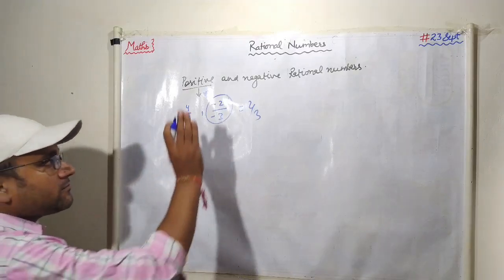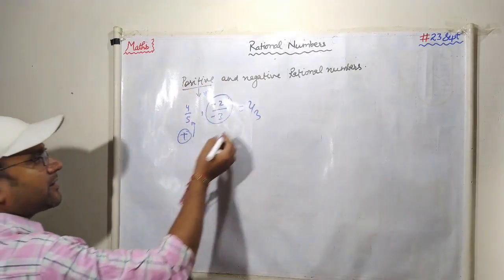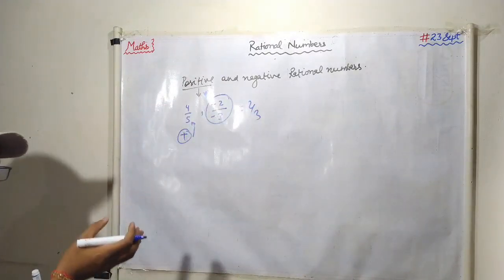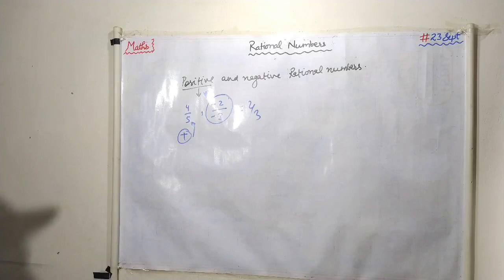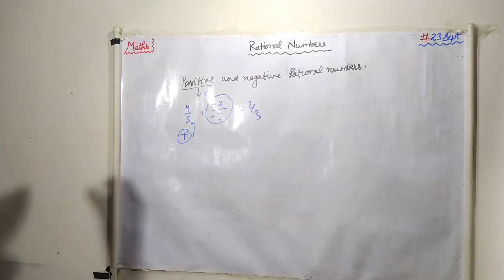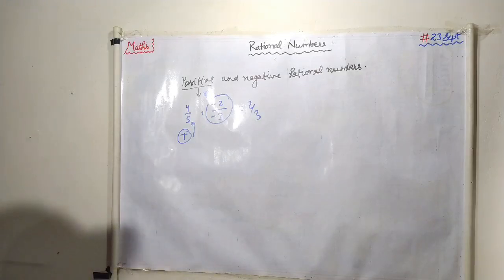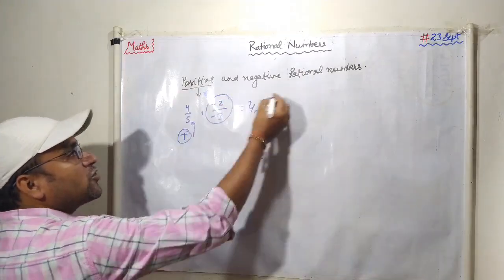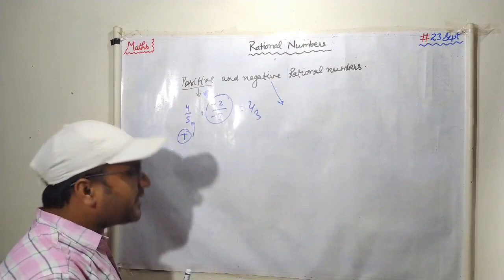Okay, negative rational number. If either the numerator or the denominator contains a negative sign, minus sign, they are said to be a negative rational number. This is positive and here is a negative rational number.